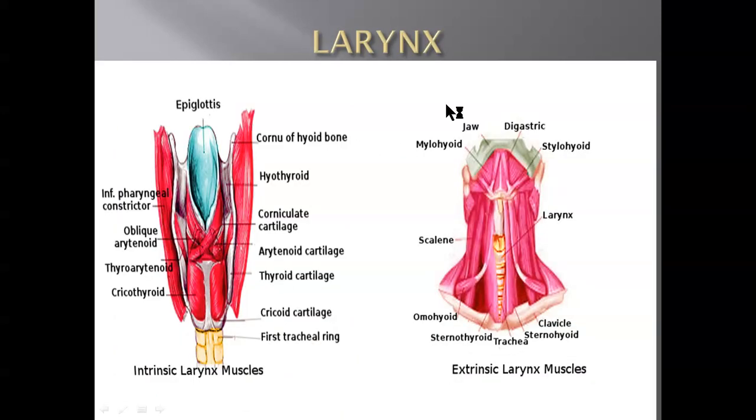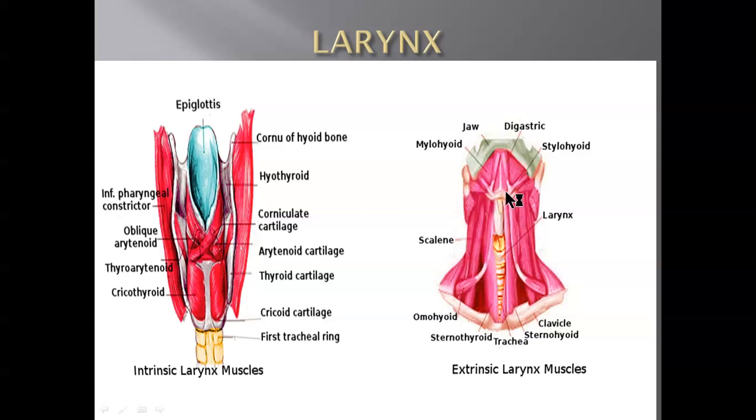Now coming to the larynx. As we know, with the larynx we are basically talking about your vocal cords. So here we have a few different muscles. A few of them are intrinsic muscles and extrinsic muscles. The extrinsic muscles, we are talking about them because they are linked to your hyoid bone over here.